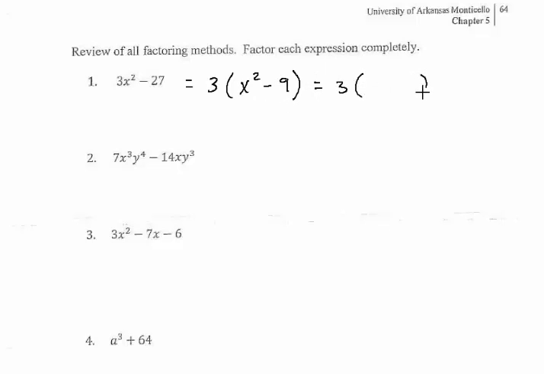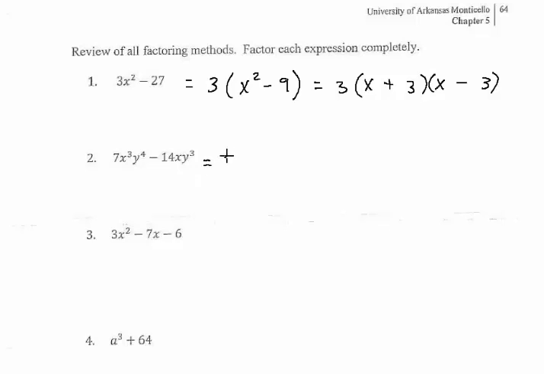So we construct two factors out of this one from the square roots of x squared and 9, which are x and 3. So we place x and 3 in each factor, and then we make one a plus 3 and the other one a minus 3, and so we have factored this one completely.